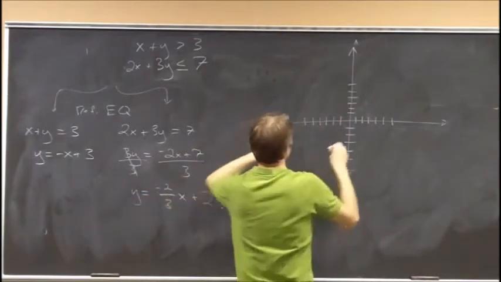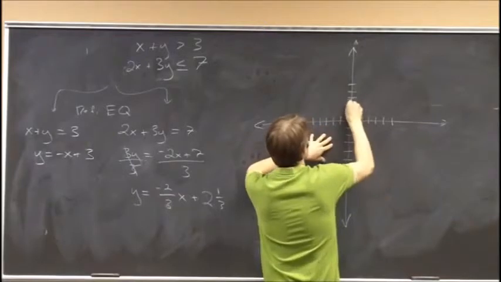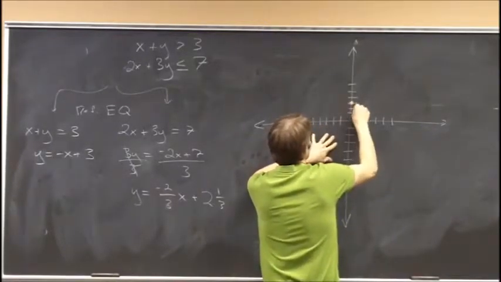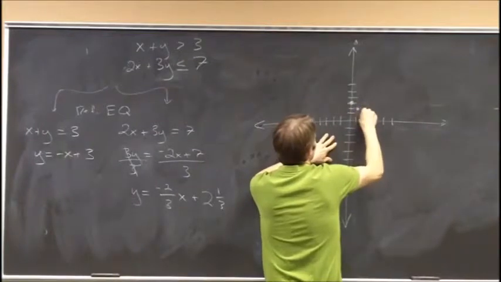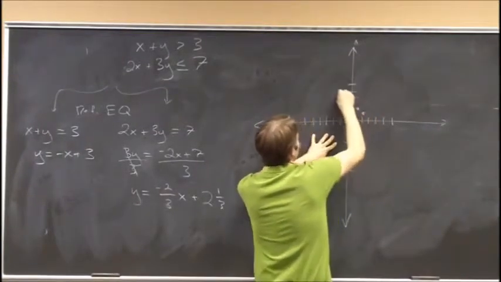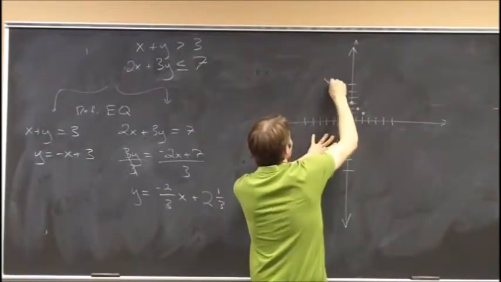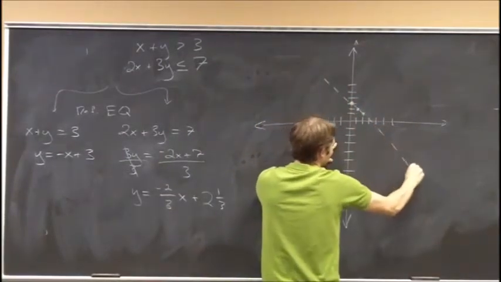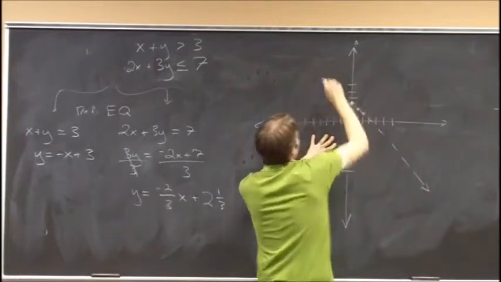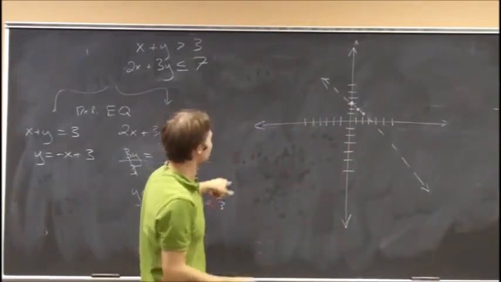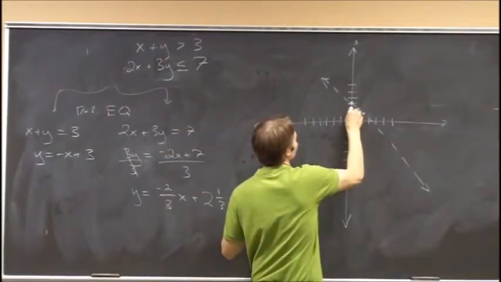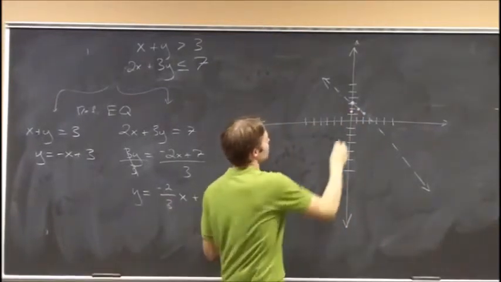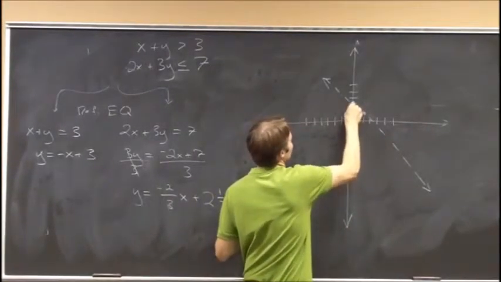The first one, y is equal to negative x plus 3, has an intercept right here at 3, and then a slope of negative 1. I want to keep going and put another point here. And then the second line has a y-intercept at 2 1/3, and then a slope of negative 2/3, so, oops, that should be here.